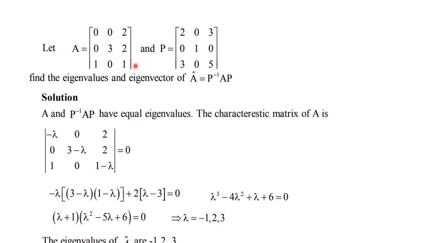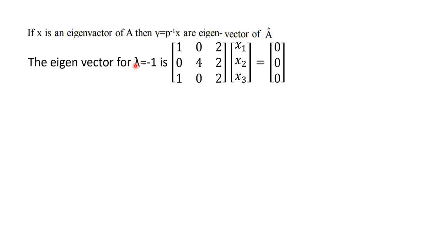Here it is, lambda minus 1 is minus of -1 which is plus 1. 3 minus -1 is 4. 1 minus -1 is 2. So [1, 0, 2; 0, 4, 2; 1, 0, 2] into x1, x2, x3 equal to 0, 0, 0.